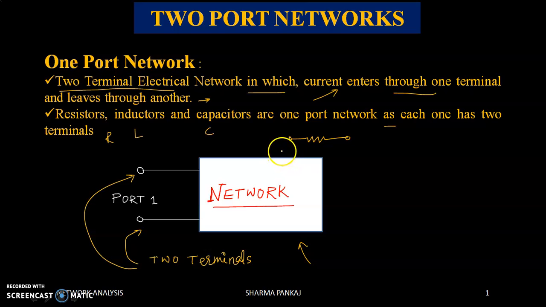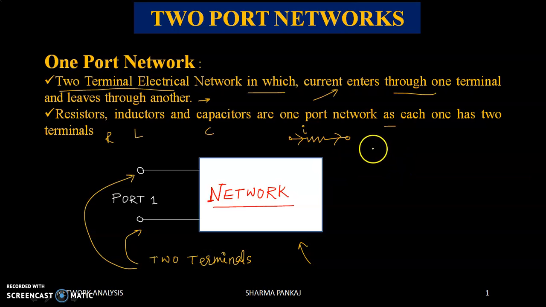Can you find another way that if current is entering this position, it will definitely leave this one? There is no other path to leave. Of course, this may sound absurd, but yes, we are analyzing this. We are gradually moving towards two-port networks, where we are going to graduate from this concept.